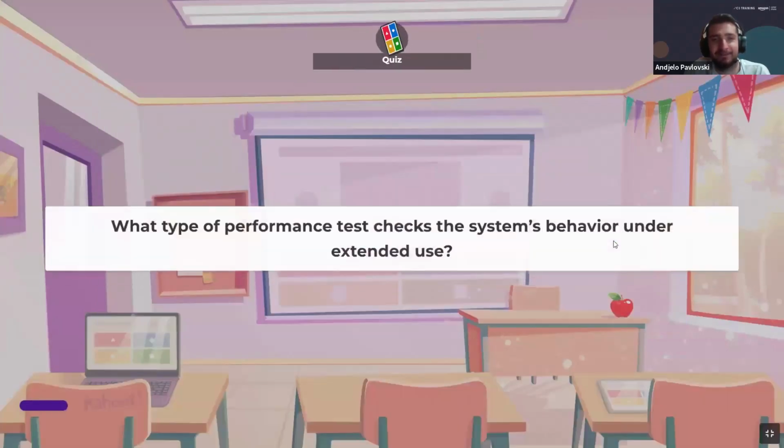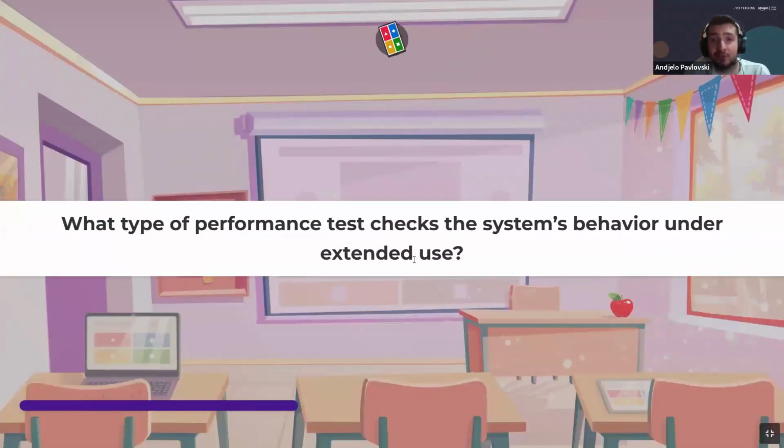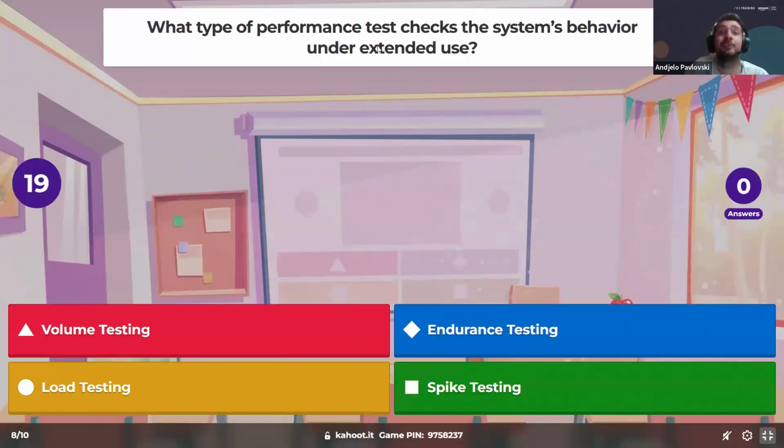We're near the end. What type of performance test checks the system behavior under extended use? So under extended use, I would say keyword, key phrase. That was a very rapid answer I see from everyone. Let's wait a bit more.